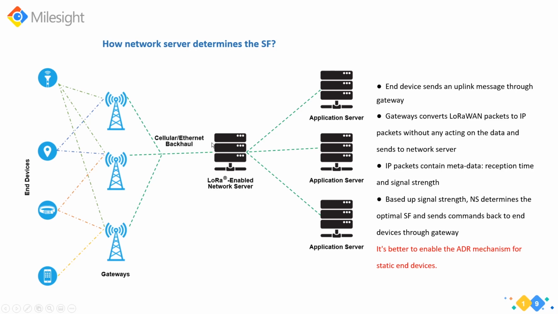So there is the ADR mechanism, the ADR setting on the end devices. If you enable this ADR setting, the end device will accept the command and try the suggested spreading factor from the network server.